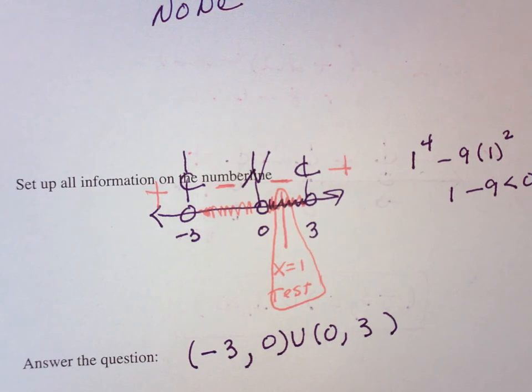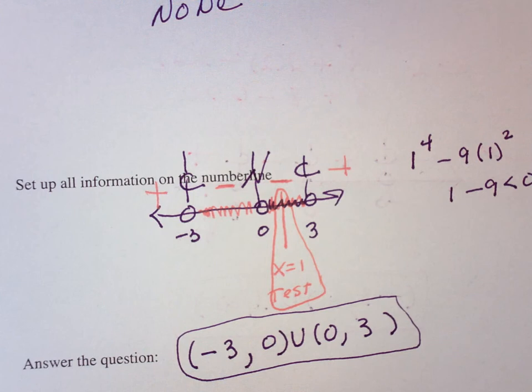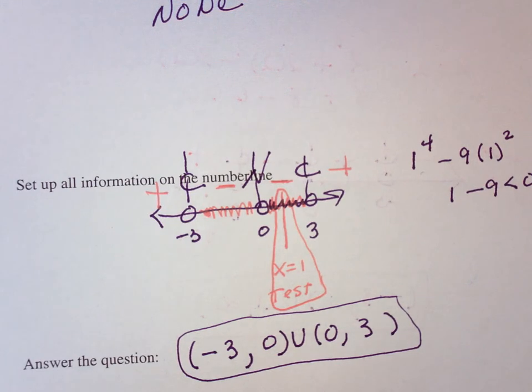Open means does not include, solid means does include. And then that's what your answer would be. So for these x values, one graph is above the other graph for those x values.